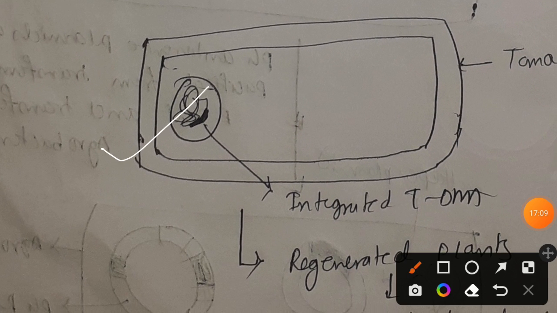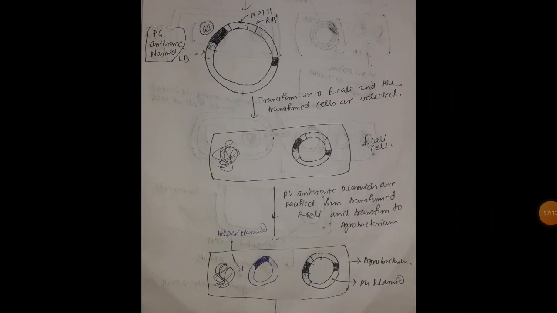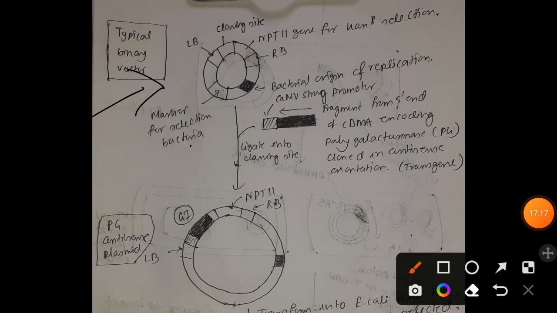as you can see. So now let's repeat one more time. So the idea is, here we are constructing a typical binary vector. What is the difference between a normal Ti plasmid and a binary vector? The normal Ti plasmid has a vir gene region, but a typical binary vector lacks it.